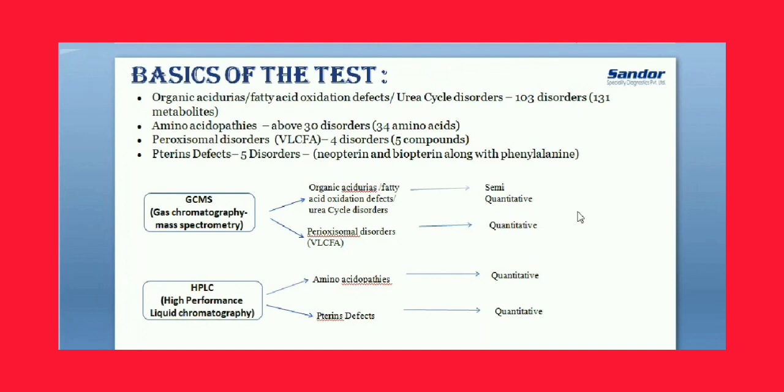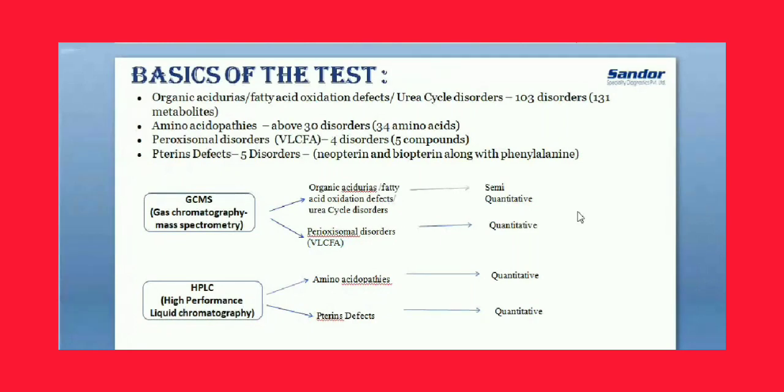Say, suppose you take a common case like propionic acidemia. In propionic acidemia, you would be looking for 3-hydroxypropionic acid, propionyl glycine, and methylcitrate. Of these five analytes, we are not telling what is the concentration present in the body fluid. We are just telling the fold. We are not telling the amount of the analyte.